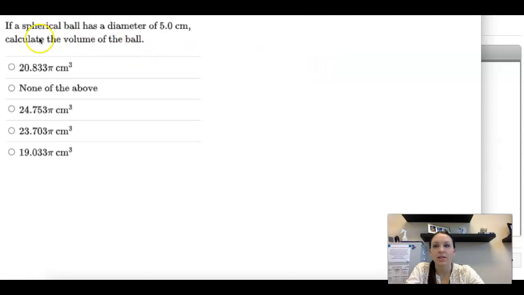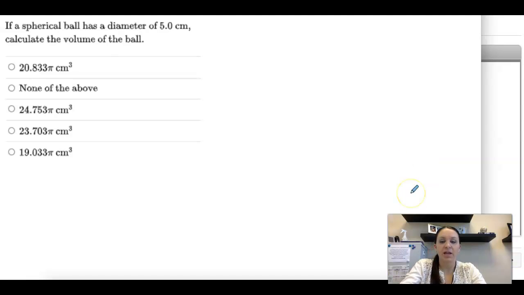So next one is the same. We have a diameter and we want to calculate the volume. So exact same process. I'm going to use this formula, and pi is still in our answer. So 4/3 times pi, which I'm not going to put in the calculator, and then I need the radius, so half of the diameter. 8.4 divided by 2 is 4.2 to the third.